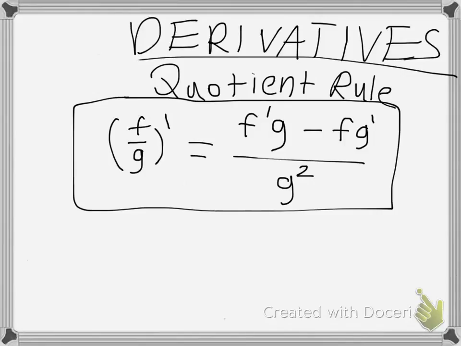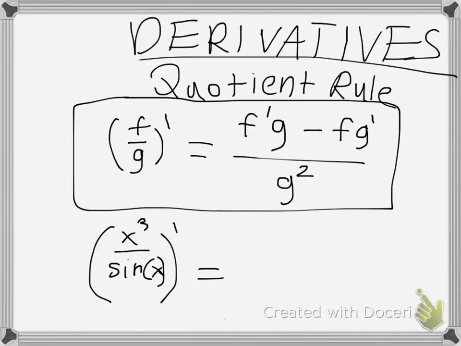So let's do an example. Let's say we want to find the derivative of x cubed over sine of x. This looks pretty complicated, but if we use the quotient rule, we know that this equals the derivative of f times g, so the derivative of x cubed is 3x squared, and we multiply it by g, which is sine of x, so 3x squared sine of x, minus f of x, which is x cubed, times g prime.